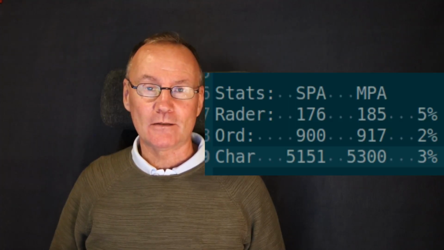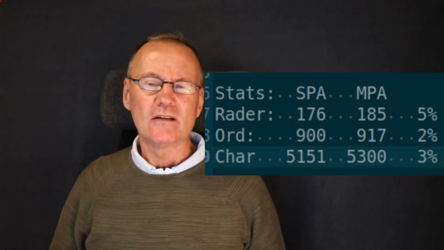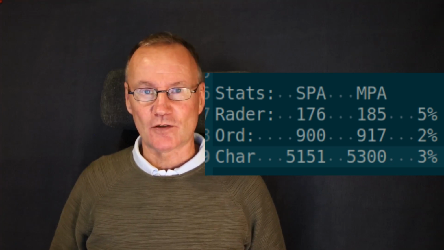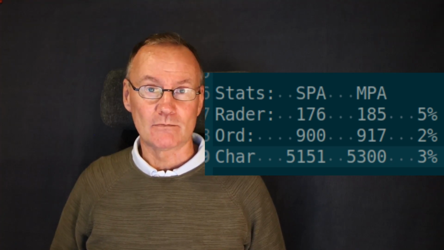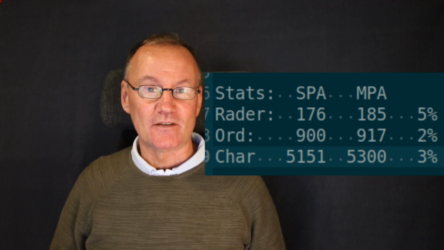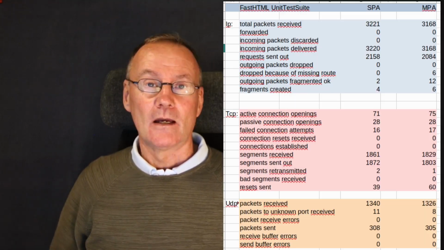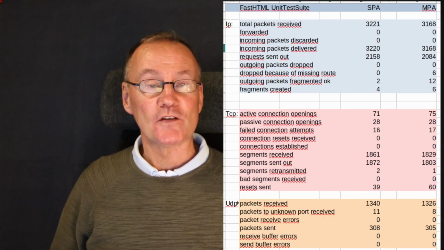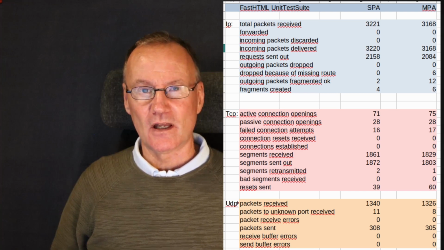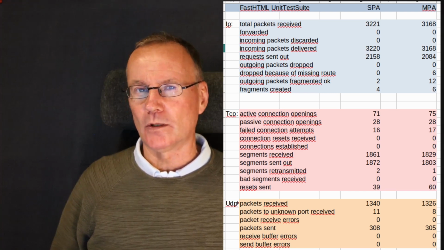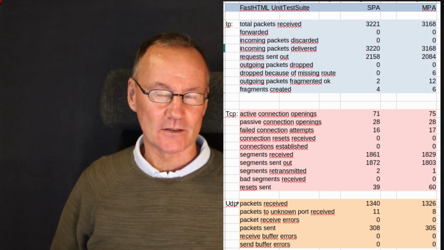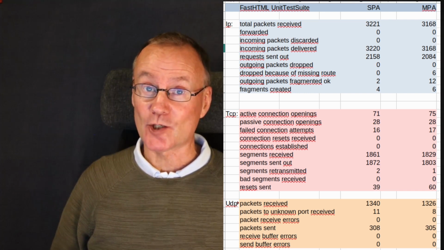If we look at them, we see that there are small reductions in code, but it's not really significant. Secondly, we look at the packets sent between the server and the client. Here we actually see a small increase, but it is small, not really significant, at least for this application.